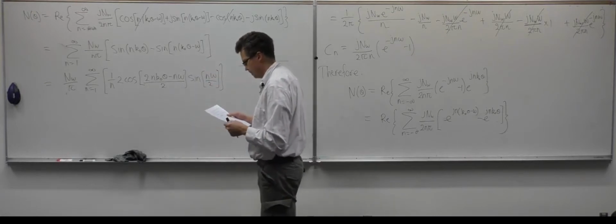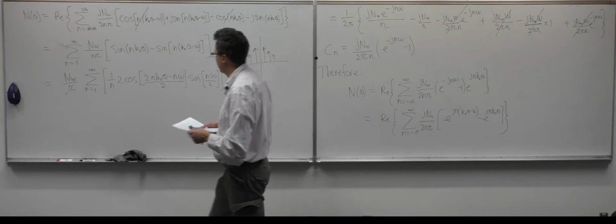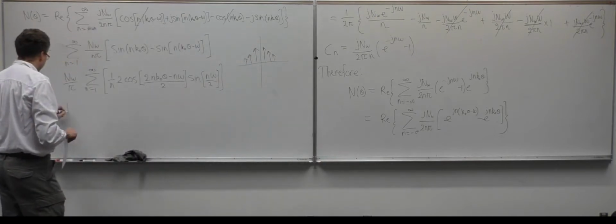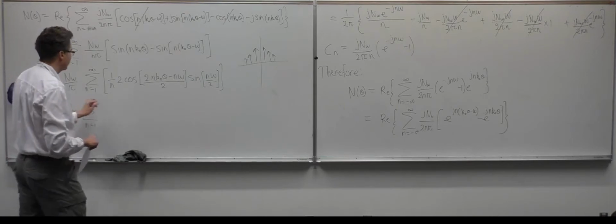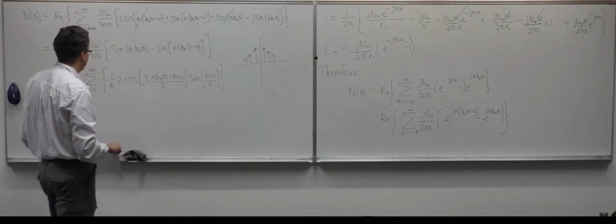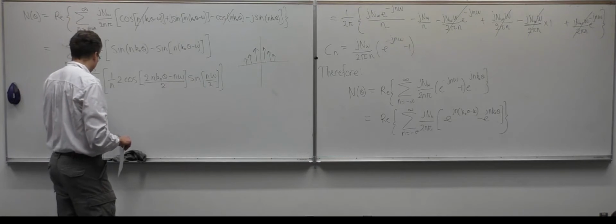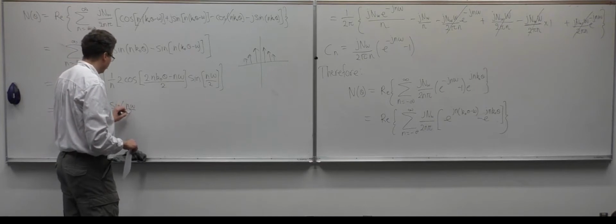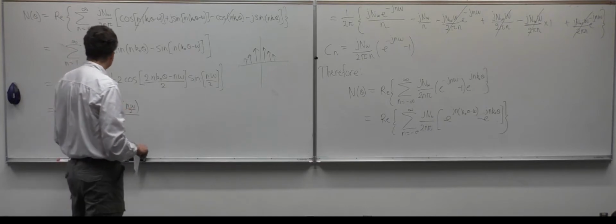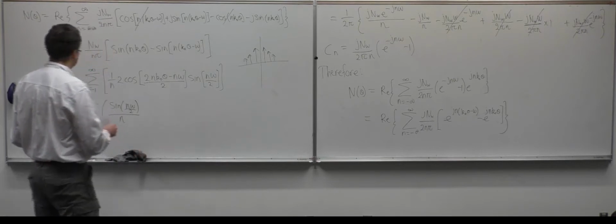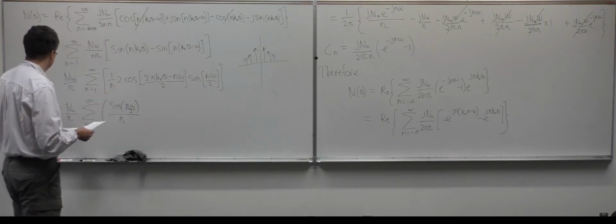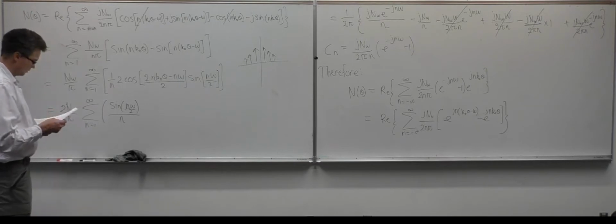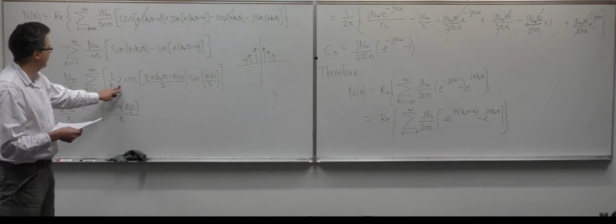Let me rearrange that. This sine term here is part of the magnitude, so we have sine n w over 2 divided by n. Oh, and sorry, there's a 2 here, so that comes out. So we have 2 w over pi. That 2 comes from the trig identity.